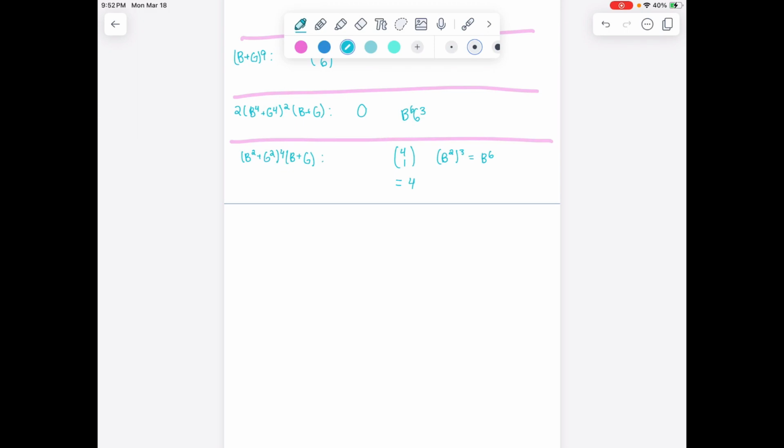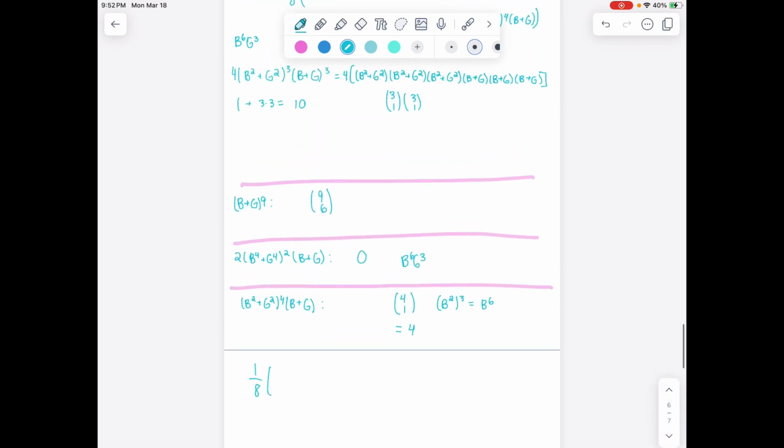Now we just plug it back into our formula for our weighted enumerator. We have 1 over 8 times, can't forget the 4, which I almost forgot before. So it's 4 times 10 plus 9 choose 6 plus 0. 2 times 0 is 0 still, plus 4.